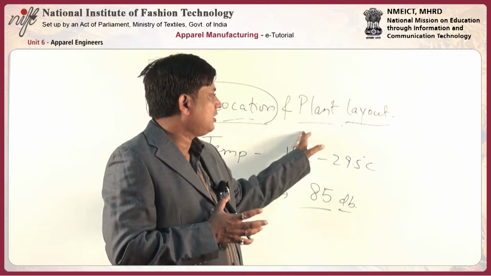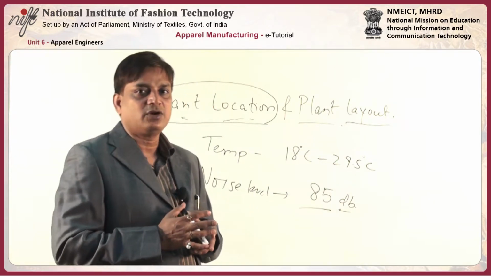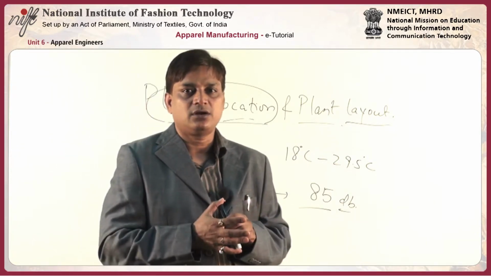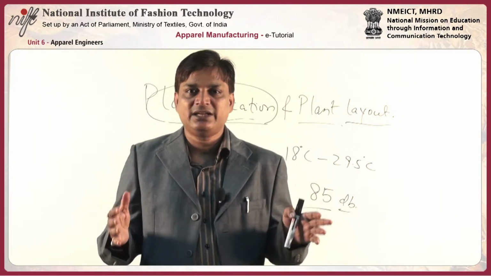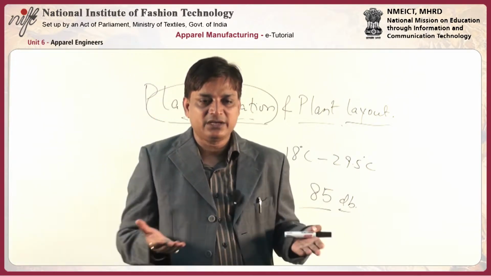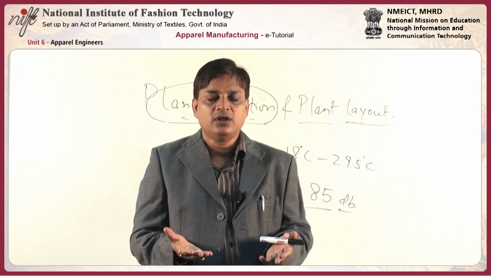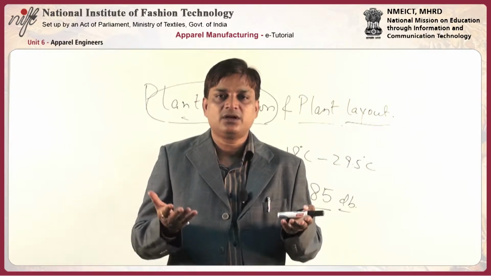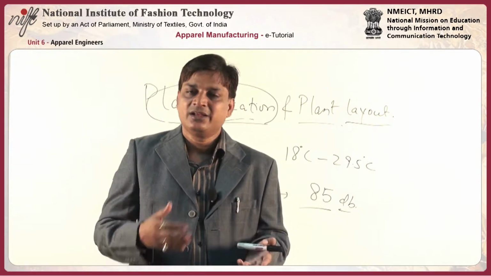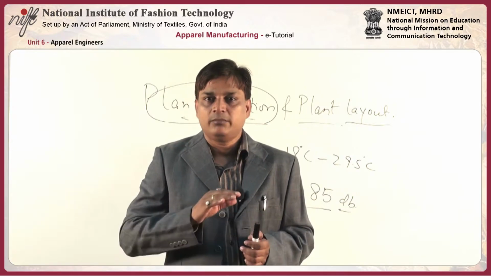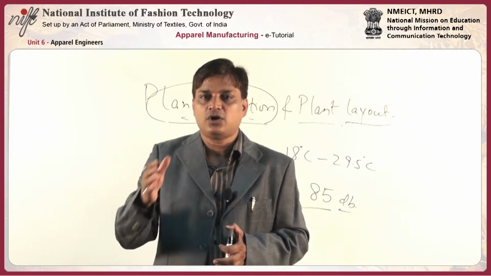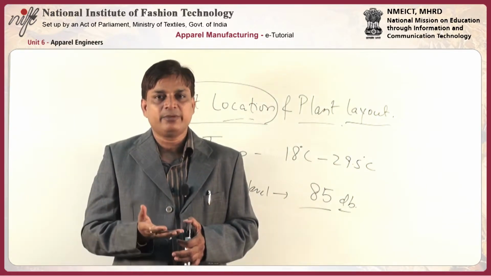Making a plant layout is very, very important, because if the structure of the building is wrong, if we have not decided the basement, and the root of the plant is not done properly, then we cannot get good fruits out of that. So roots are very, very important.